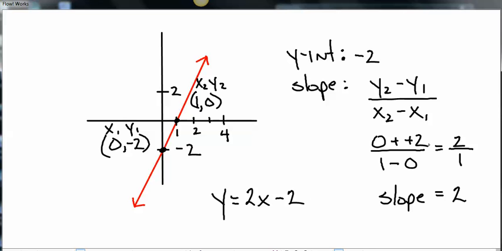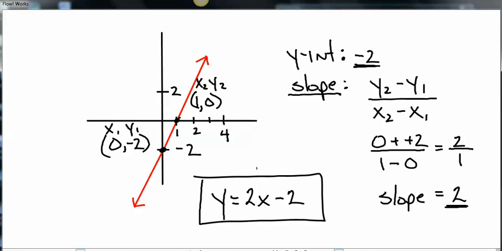Okay? So if you're given a picture of the line, you can pick 2 points on the line, find the slope using the slope formula. Once you have the slope and the y-intercept, you can write the equation of the line. Clear? Yes, sir. Rise over run works too, right?